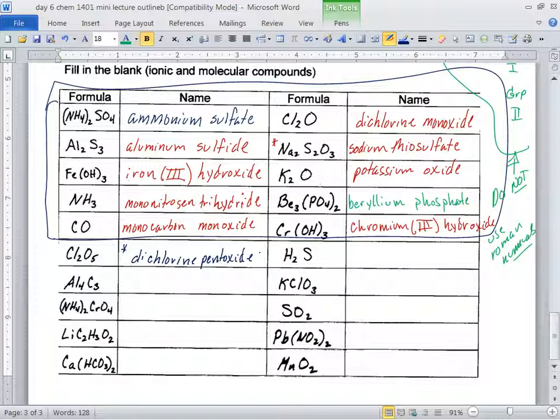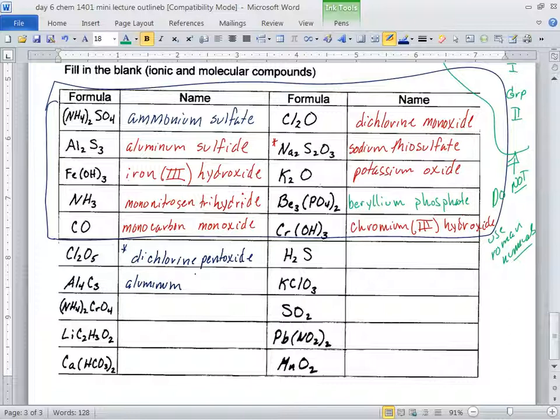How about this good one, Al4C3. Lauren, what'd you get? Aluminum. No parentheses because aluminum and zinc are the special cases.